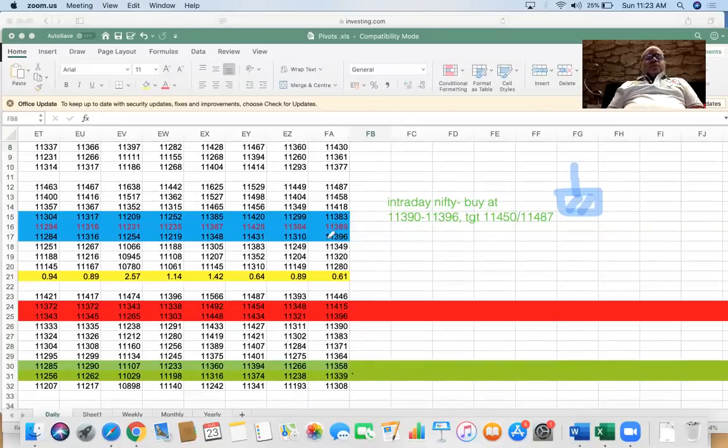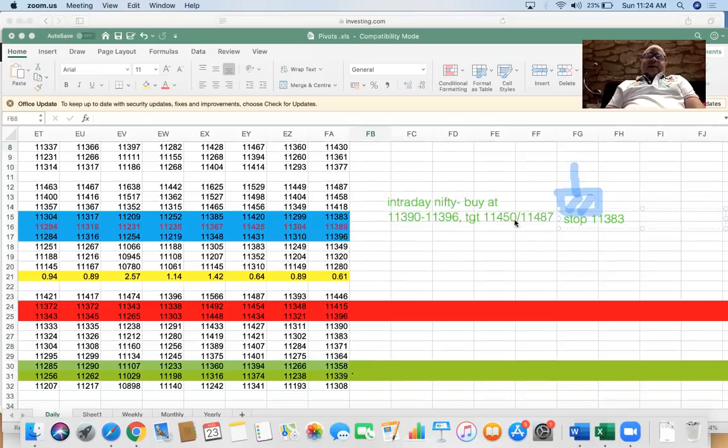So your stop can also be the lower end of this CPR range. So the stop here can be 11,383.